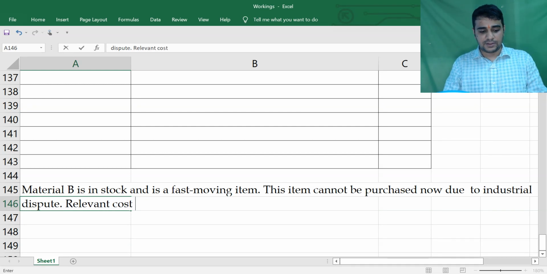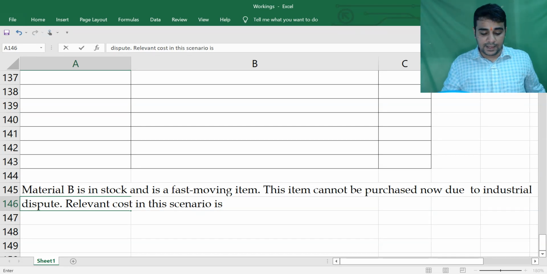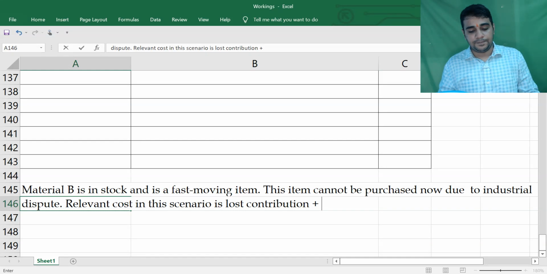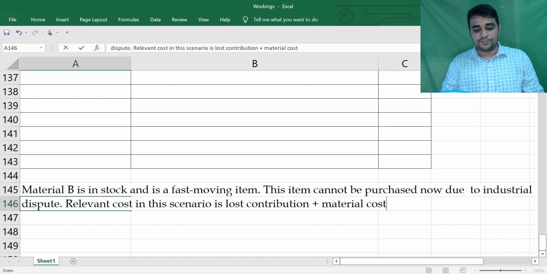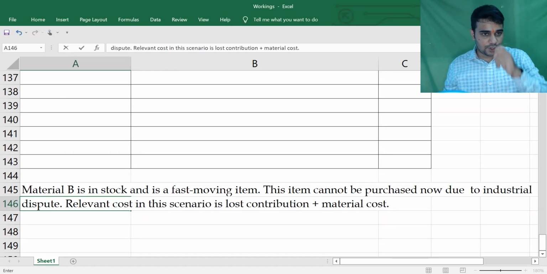Relevant cost in this scenario is lost contribution plus material cost.